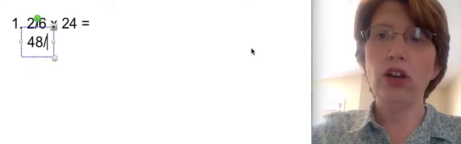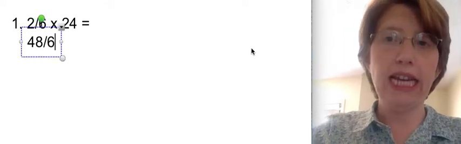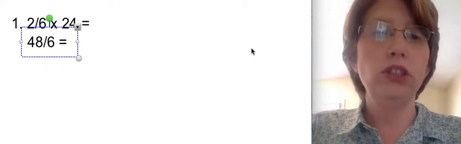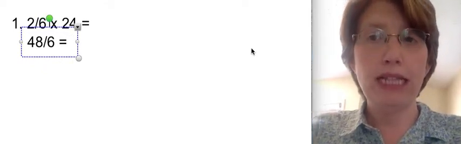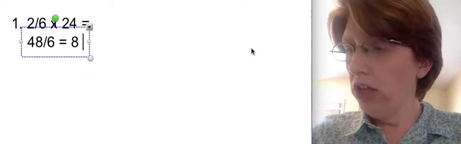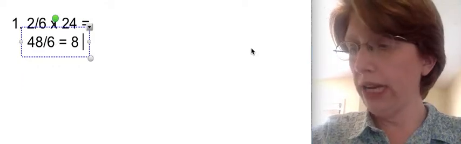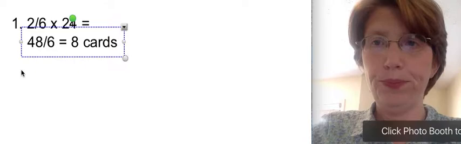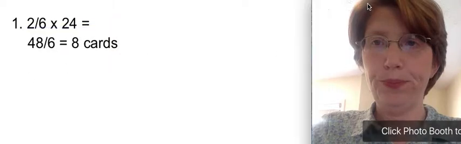And then that goes over the denominator, which is 6. So now that is an improper fraction, so I'm going to divide 48 divided by 6 is 8. So Miles told Trent that he could have 8 cards. That's number 1.